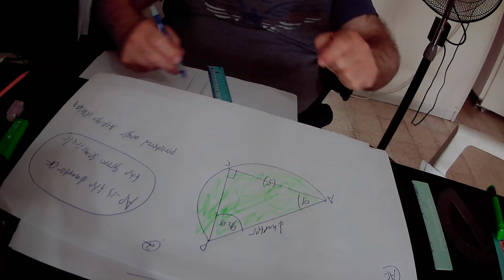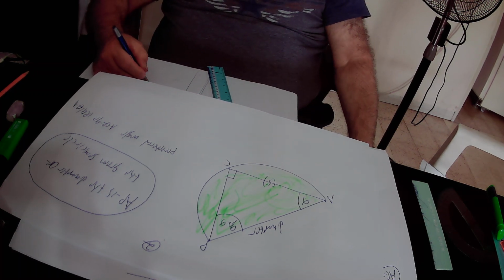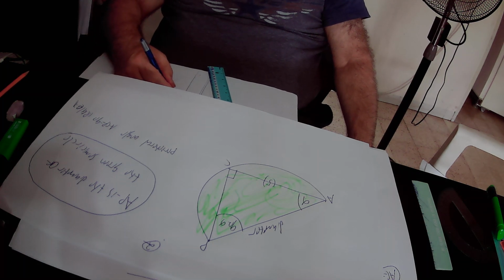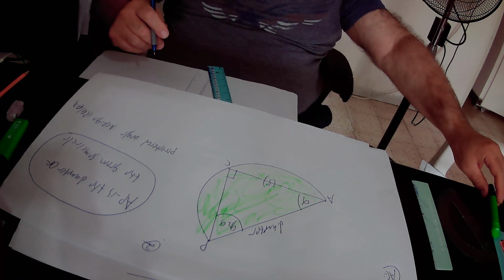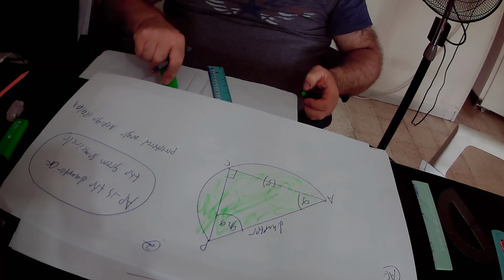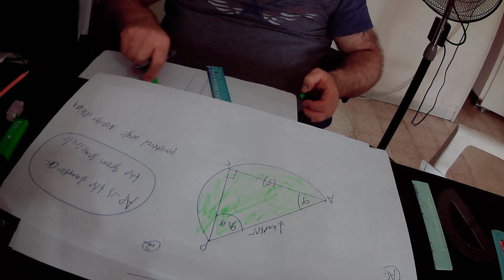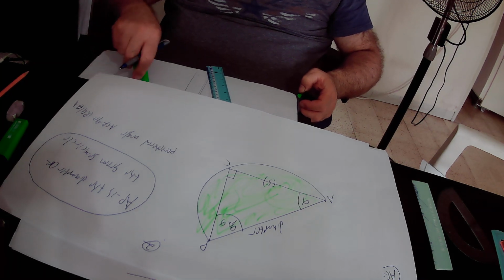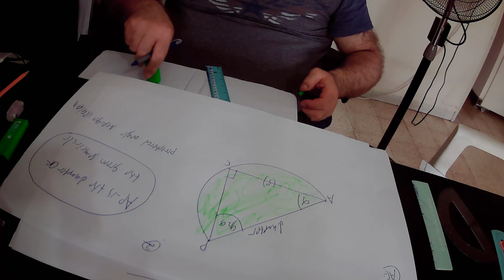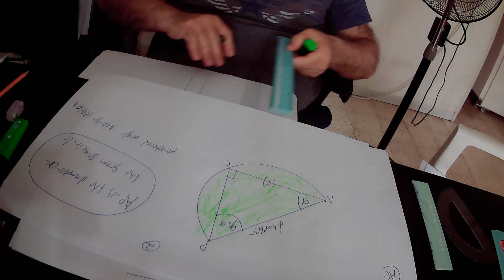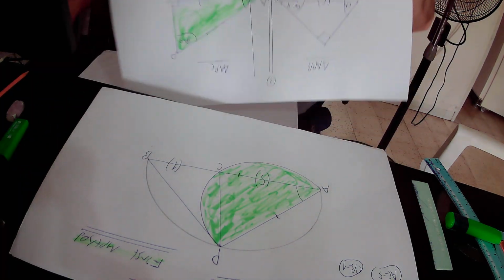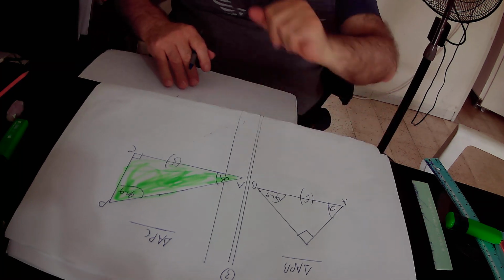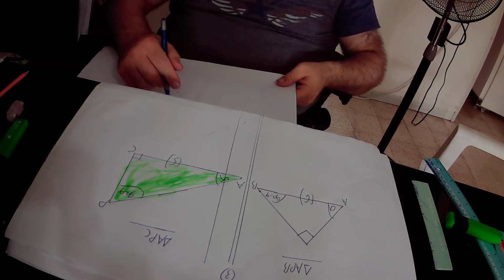Side AC equals 5 units in length, according to what is given in the question. So actually, those are the two right triangles that I copied from the original drawing.